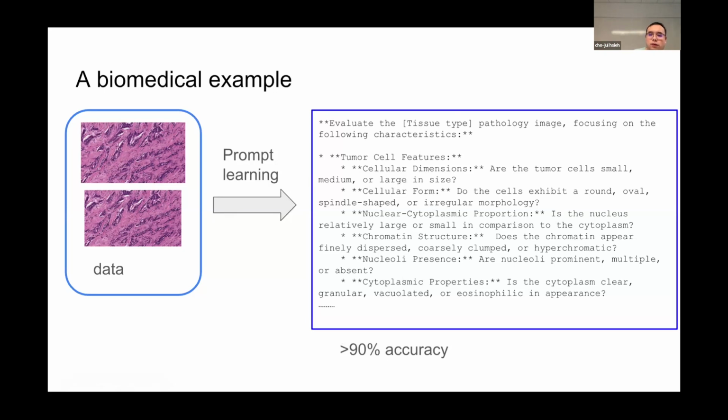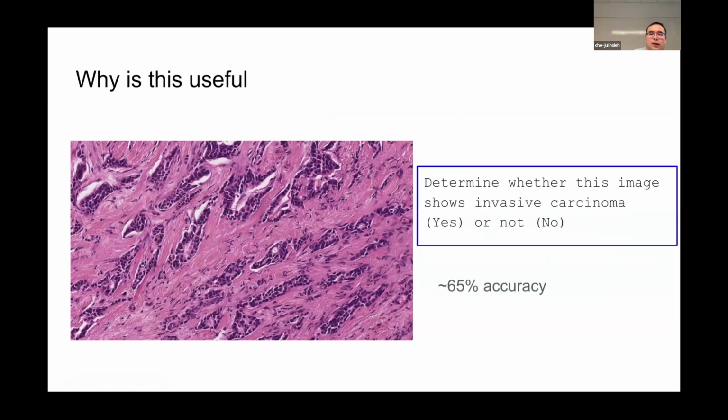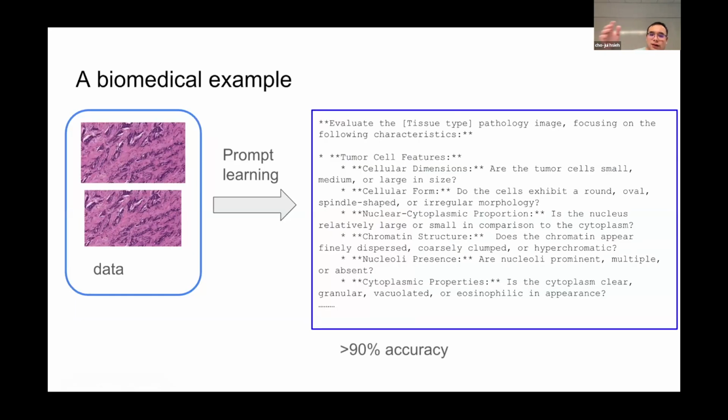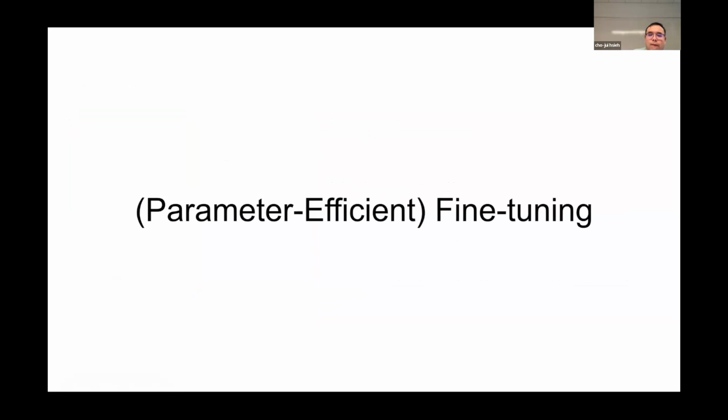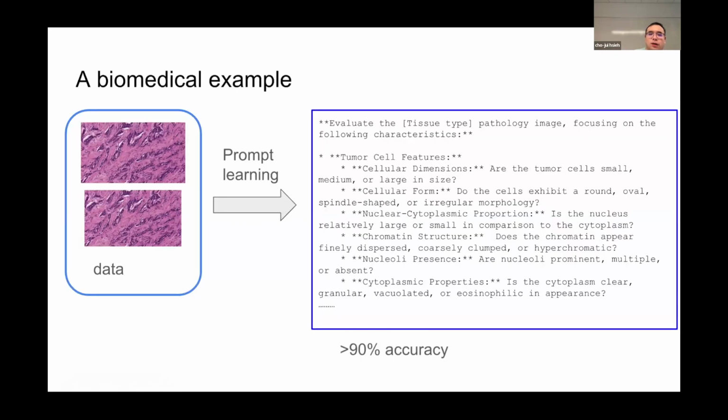So basically, this prompt engineering is very useful not only for achieving better benchmark performance, but it can also be used for learning from the data and then interacting with the domain experts. Okay. So any questions about the prompt tuning part?